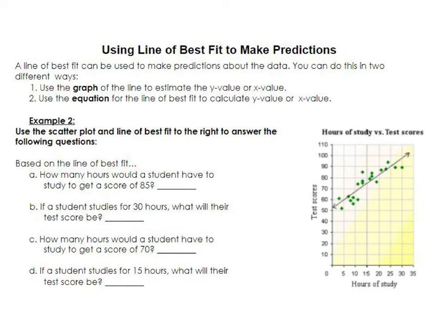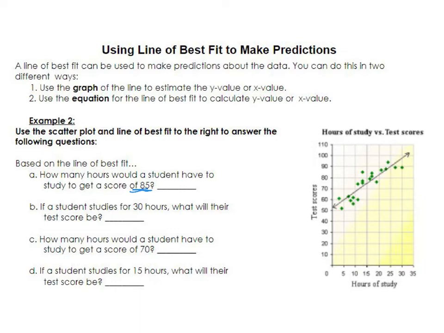So let's look at it through the first example. Based on the line of best fit, how many hours would a student have to study to get a score of 85? Here, we're looking at hours of study versus test scores. That makes sense, right? This is another positive correlation, because the more hours we study, the better grade we should get.